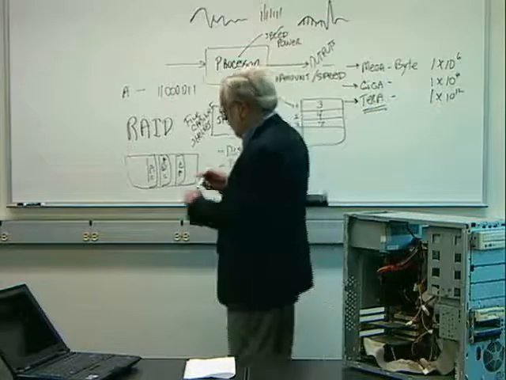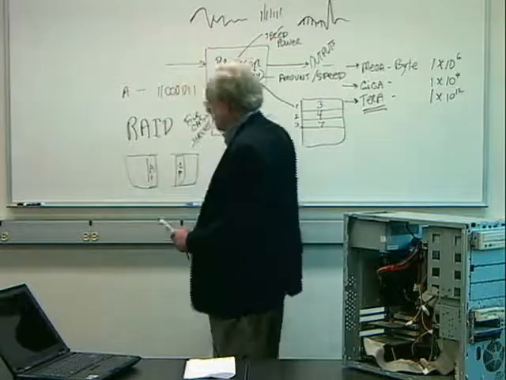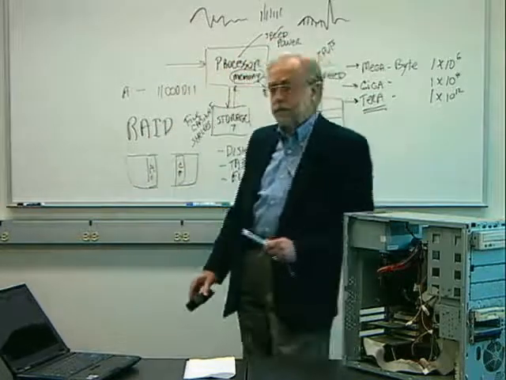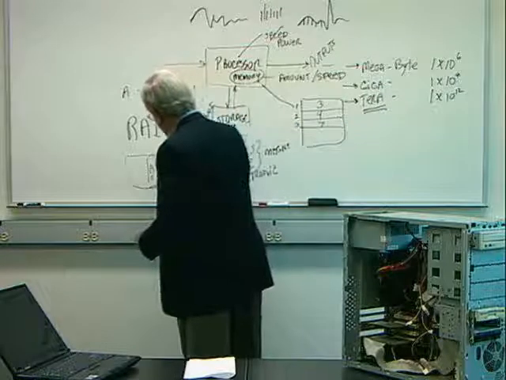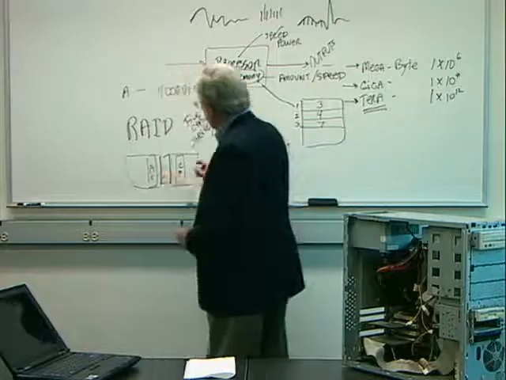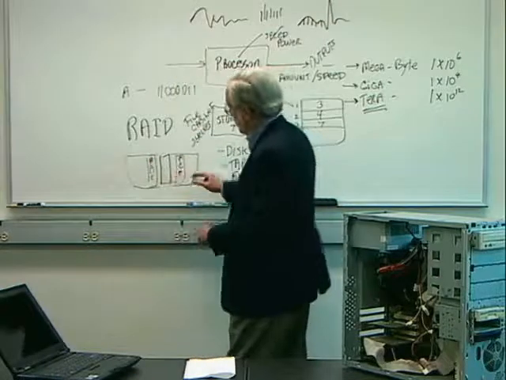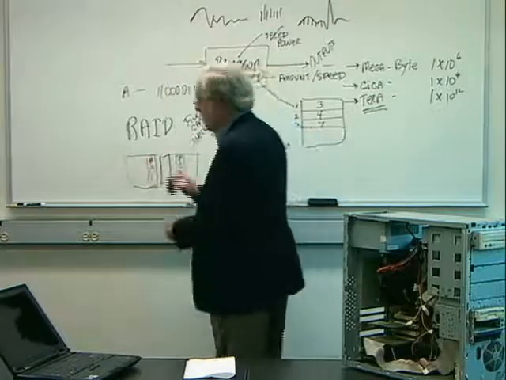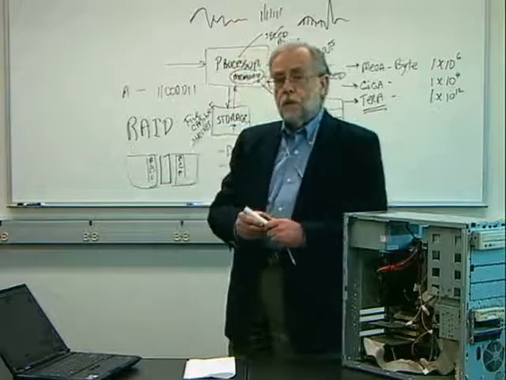So if I took this B drive out of the disk array and destroyed it, broke it on the ground, and then I put in another blank disk, all of the information that was on B, which is redundantly arranged throughout this array, would be reconstructed. So I can completely reconstruct what was there.